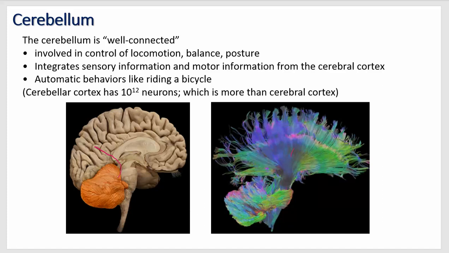It's involved in locomotion, balance, and posture, but that doesn't give it justice. Your parietal lobe gives you the spatial recognition, so without looking all over the place, you can tell where things are in space around you, and so you may have communication there.